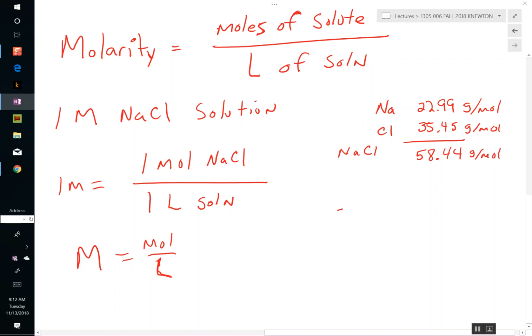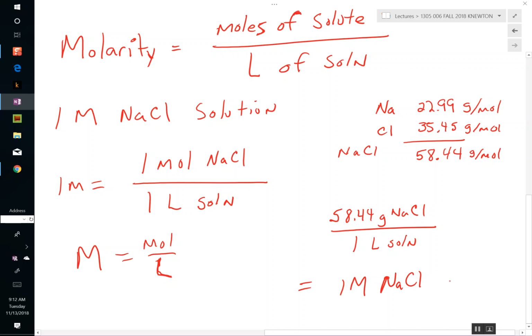So if I had 58.44 grams of sodium chloride and I put it in a liter container and filled that liter container up with water, I would have that many grams per liter of solution, and that would be a 1 molar NaCl.